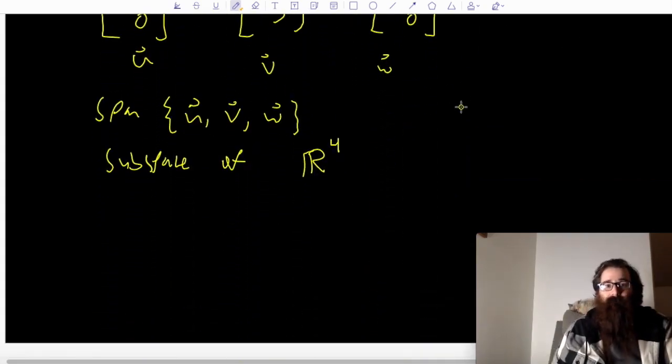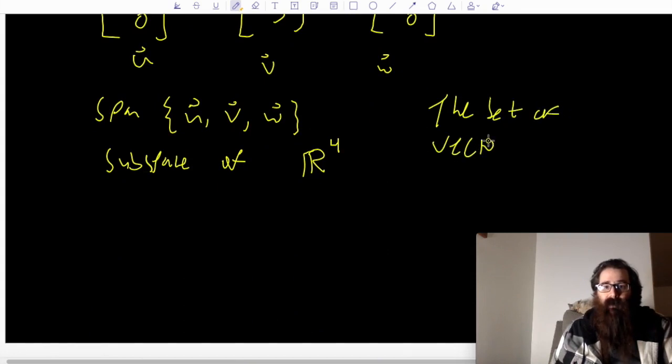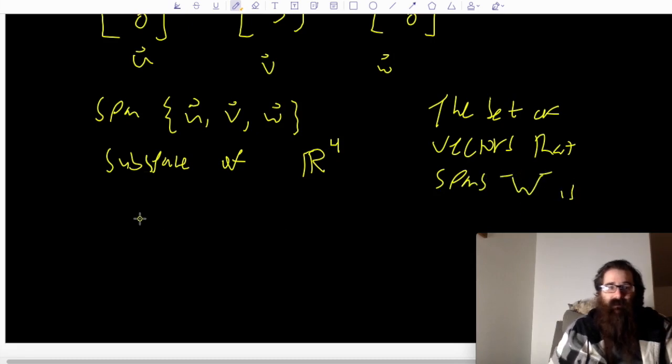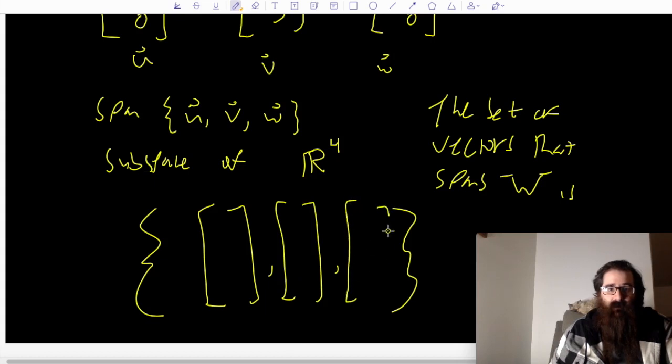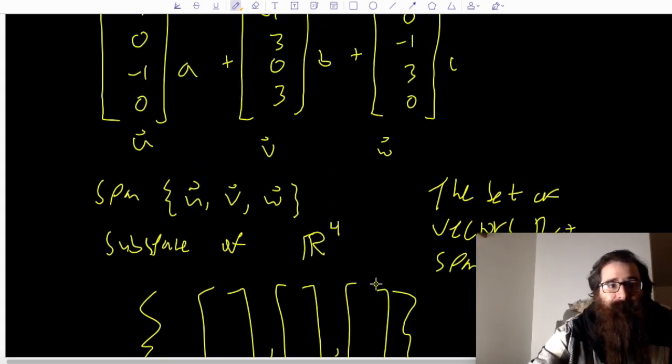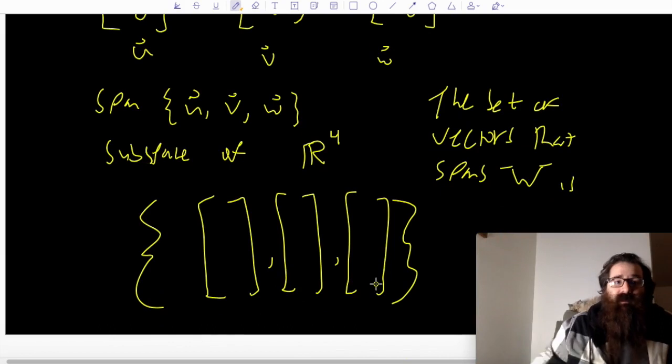I can say the set of vectors that spans W is, I have a set. The set's going to have 3 vectors in it. That first vector is going to be 2, 0, -1, 0.